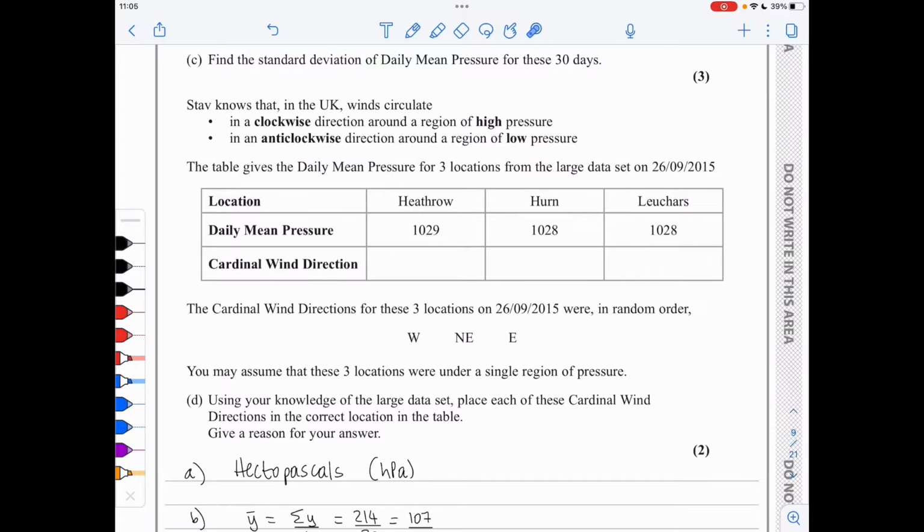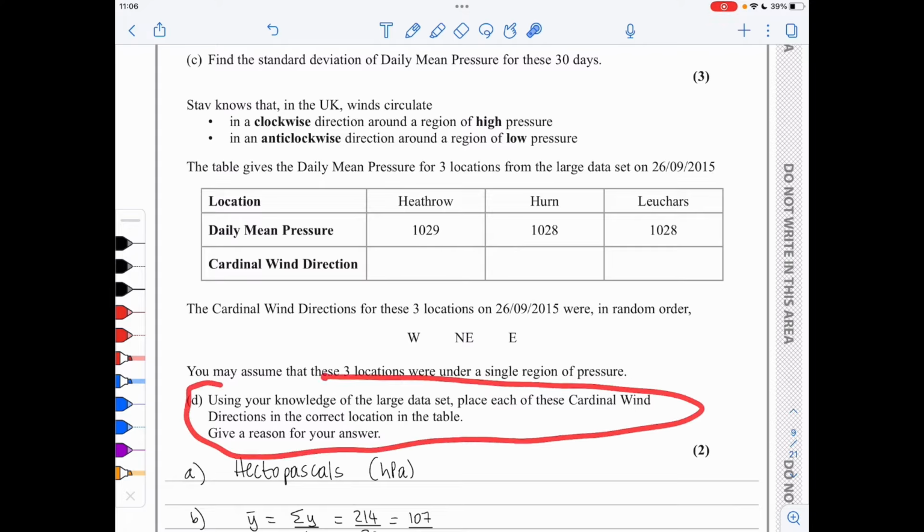We've got the daily mean pressure for a specific day in September of 2015 for Heathrow, Hearn and Leuchars, and the cardinal wind direction here is given in random order: west, northeast and east, and we are assuming that all three locations are under a single region of pressure. Using our knowledge of the large data set, we need to place each of these wind directions in the correct location, and we need to give a reason for our answer.